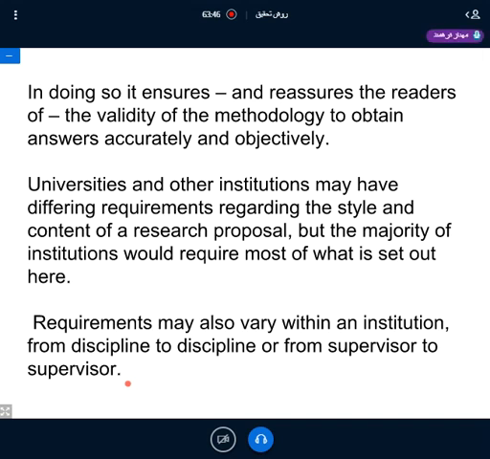So the requirements are due to the organization that we are going to cooperate with when doing that research. For example, a university, or many other organizations where you're going to do research.